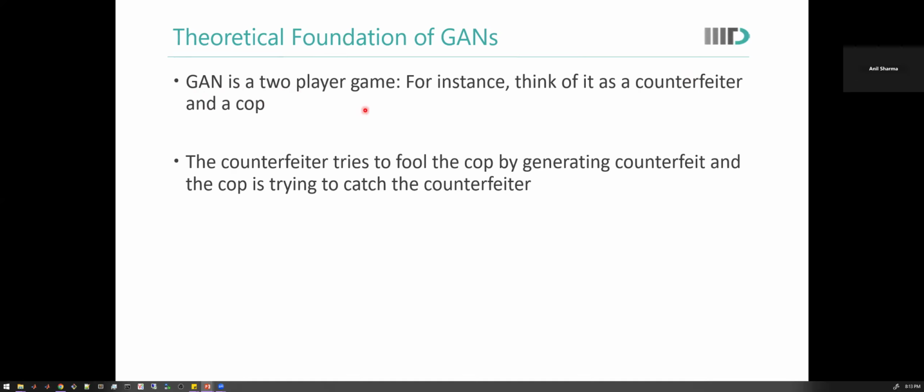They will play with each other and try to improve each other. For example, the counterfeiter tries to fool the cop by generating fake currency, and the cop is trying to catch the counterfeiter. In this process, the counterfeiter will try to generate currency which can fool the cop. So this is, you can say, a zero-sum game in game theory, and from that intuition, the birth of GANs came.